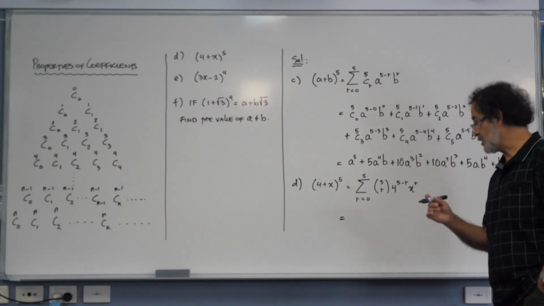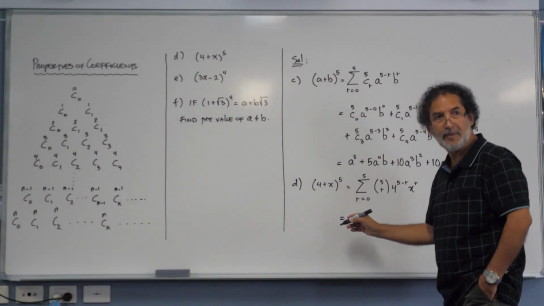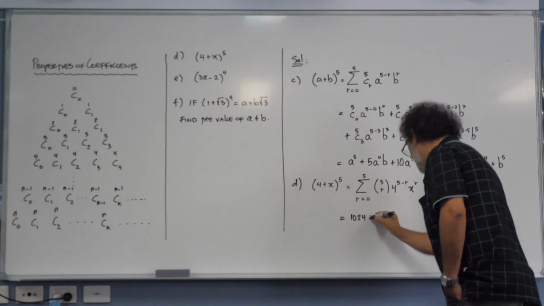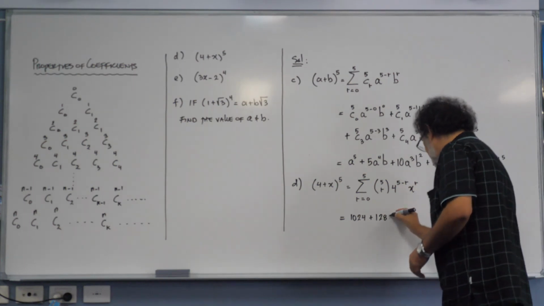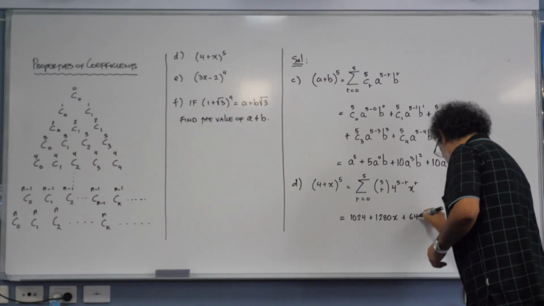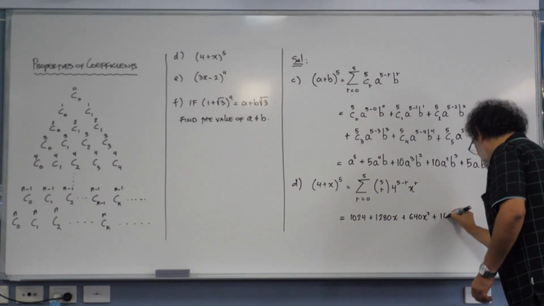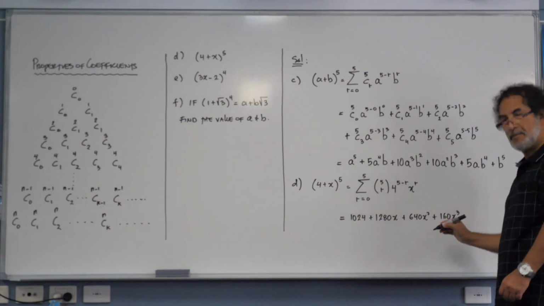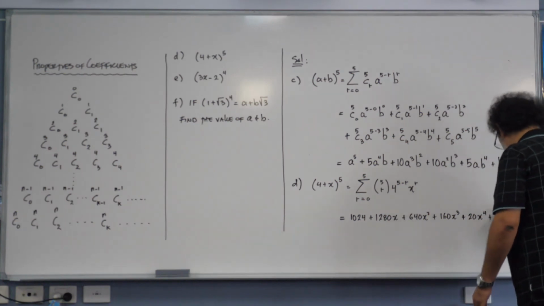Dan, Ashton, can you please tell me what the answer is? 1,024 plus 1,280x, plus 640x squared, plus 160x cubed, and then plus 20x to the power of 4, and then plus x to the power of 5.